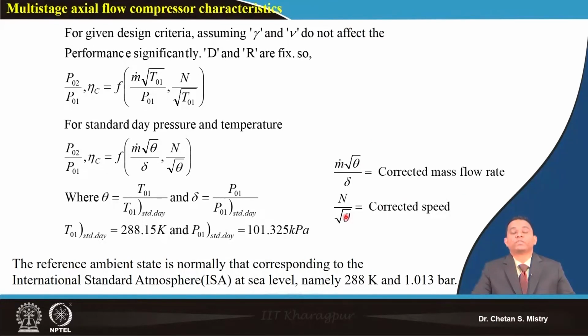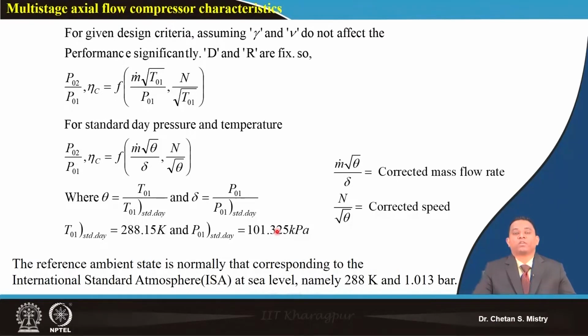From now onwards we will not say mass flow rate parameter and speed parameter, we will say corrected mass flow rate and corrected speed. This standard condition is based on the international standard atmosphere, calculated at sea level condition.